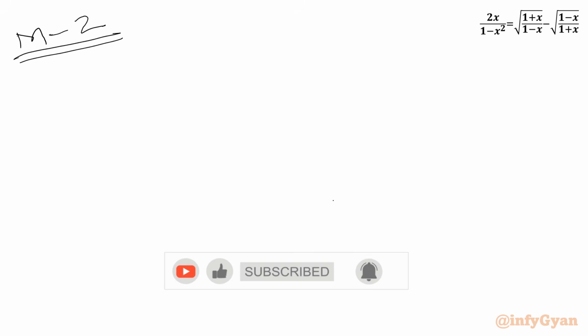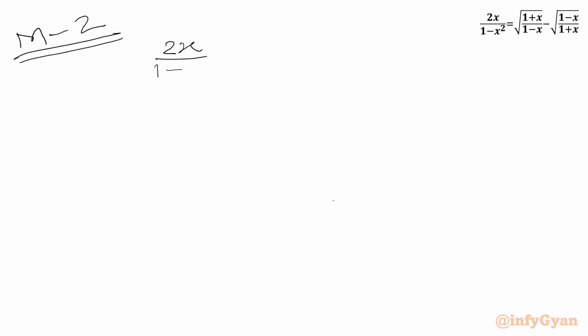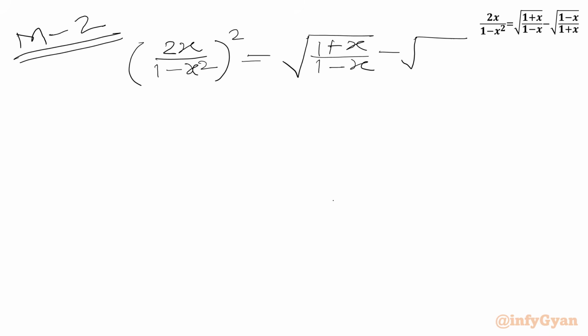Here I will use algebra. I am going to take square both sides. So I will write 2x over 1 minus x square whole square. This will be equal to square root 1 plus x over 1 minus x minus square root 1 minus x over 1 plus x, and then we'll put power 2.